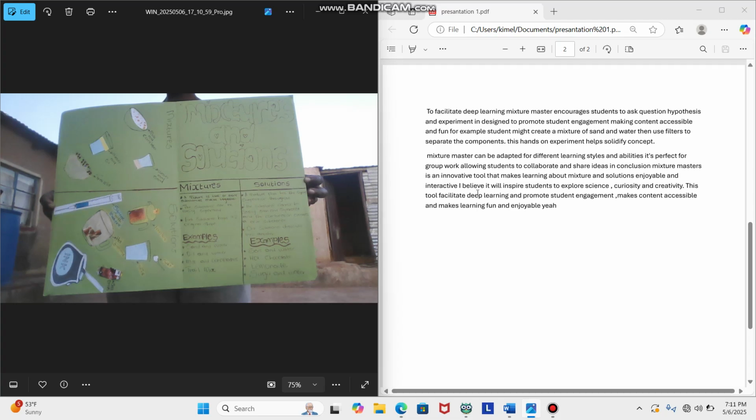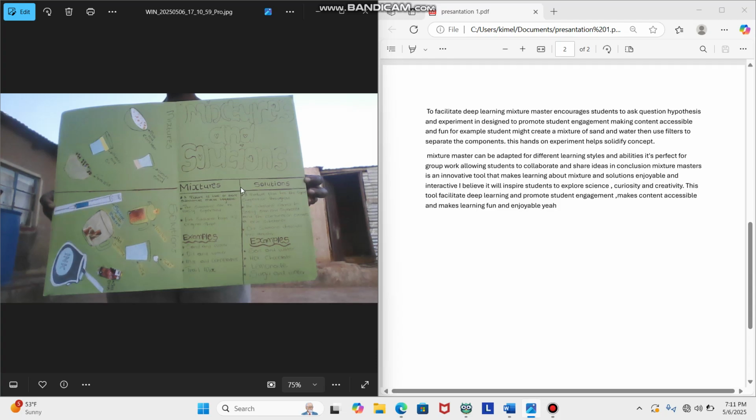I believe it will inspire students to explore science with curiosity and creativity. This tool facilitates deep learning and promotes student engagement. It makes content accessible and makes learning fun and enjoyable.